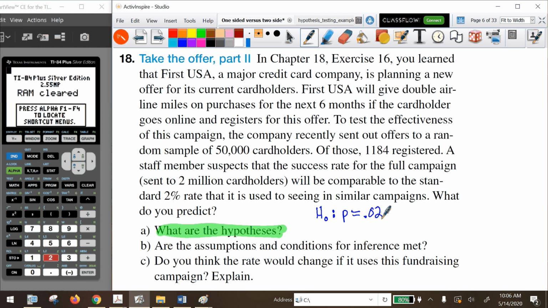Since it doesn't suggest in the problem that the success rate will be better or worse, I'm going to set my alternative as a two-sided alternative, simply because all it says is that a staff member suspects that the success rate will be the standard 2% that they're used to seeing. So our alternative is that it's not going to be 2%.